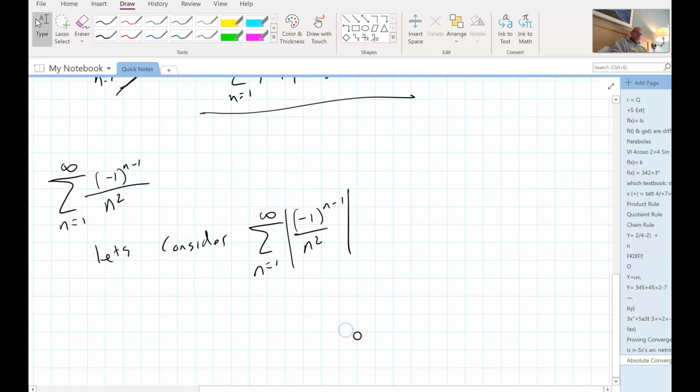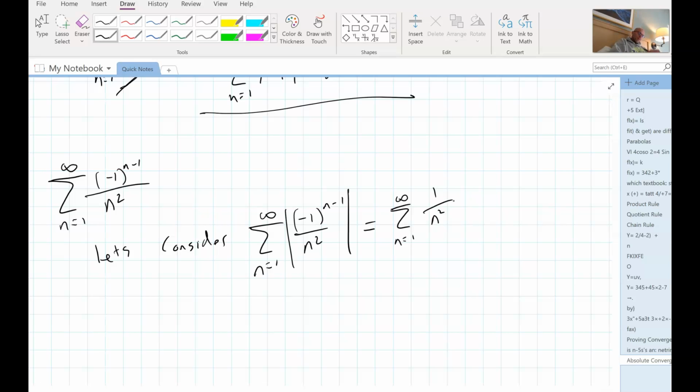Now again, just like we did earlier, that's the same thing as 1 to the n minus 1 over n squared, which is just 1 over n squared, because 1 to any power is still 1.